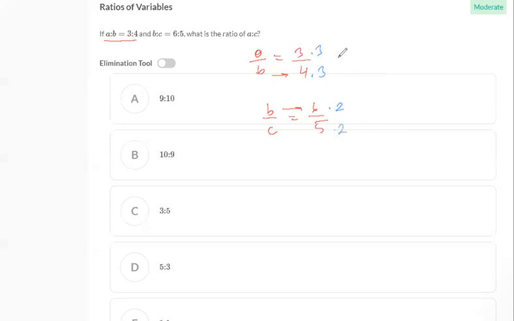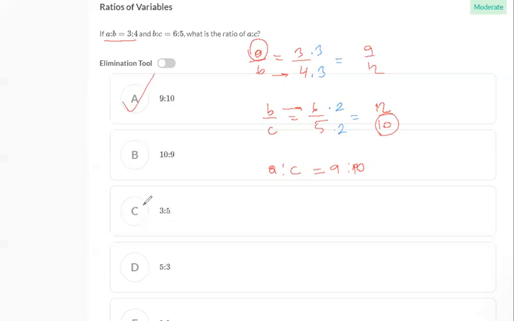So this fraction is going to be equal to 9 over 12 and 12 over 10. That means a is going to be equal to 9 and c is going to be equal to 10. Okay, so that's going to be choice A.